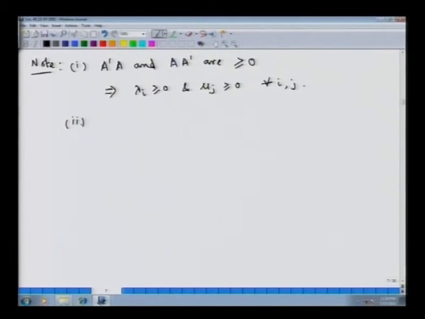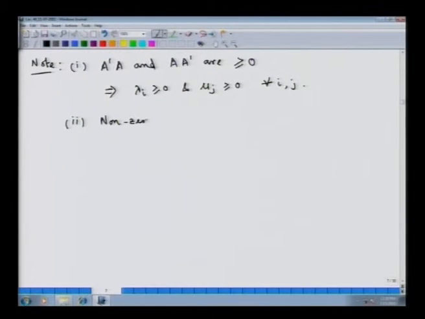What more is that the non-zero eigenvalues of A prime A and the non-zero eigenvalues of A prime are identical, only the eigenvalue 0 will have different multiplicities in A prime A and A prime.